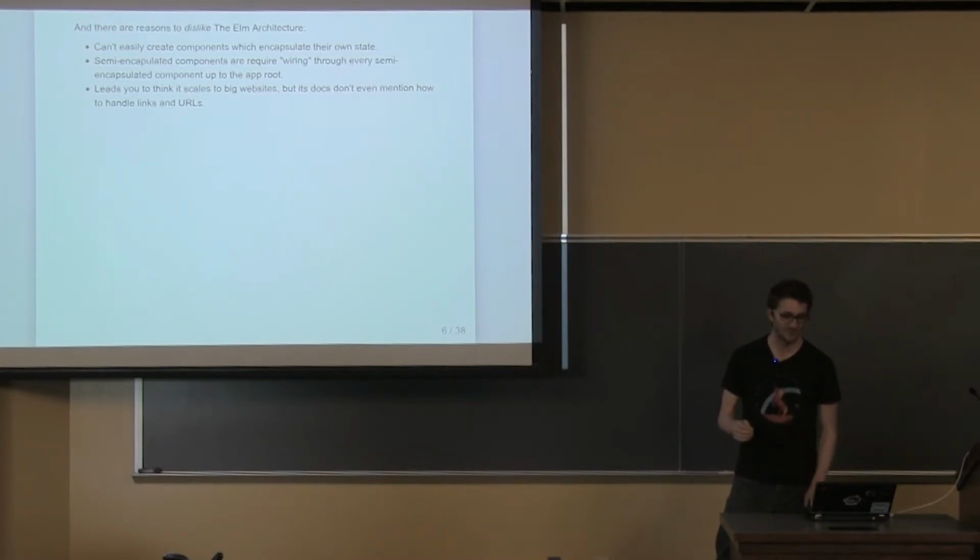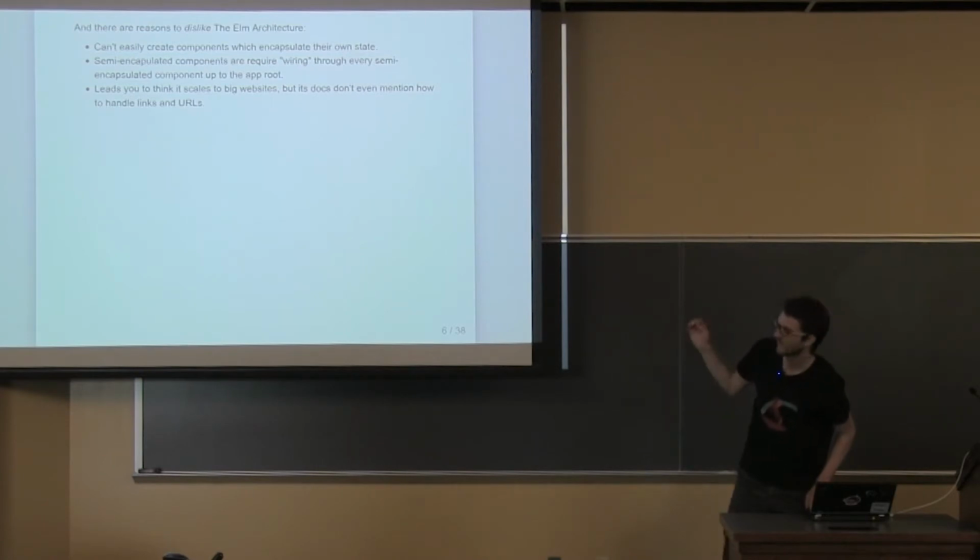But I've never done that, because one, it's not easy, and if you're using the Elm architecture, you want easy. Yeah, and there is a way to get semi-encapsulated components, but there's a lot of wiring. Maybe I have an example, I'm not sure, but it's a lot of wiring.